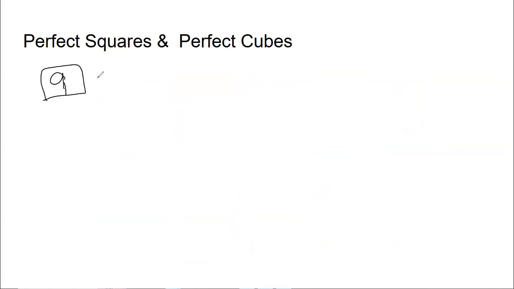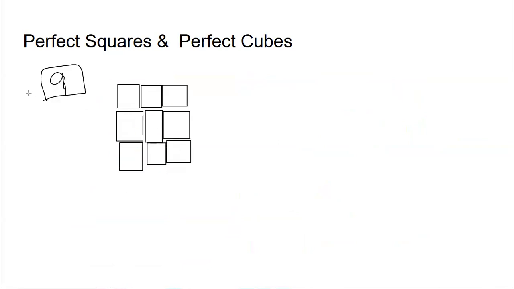You pretend you're building with Legos or square crackers, and you could take 9 square crackers. Now, this isn't going to be beautiful because I don't have any, so pretend. That makes a square, right? It's not perfect, I know, but it's 3 rows, 3 columns. That's a square. 9 is a perfect square.